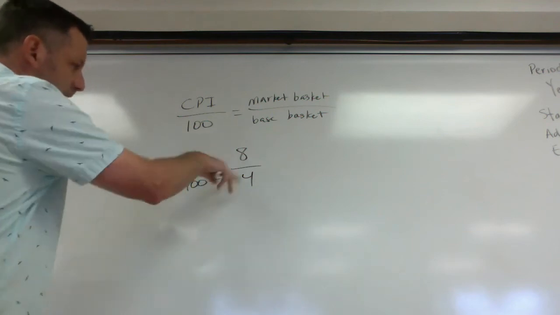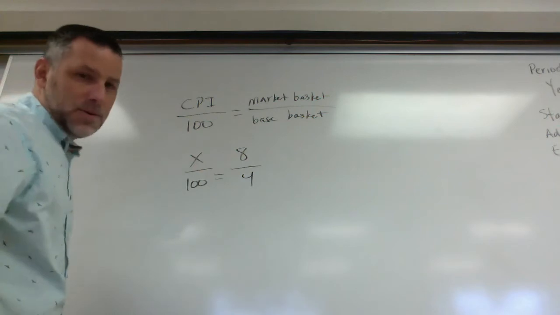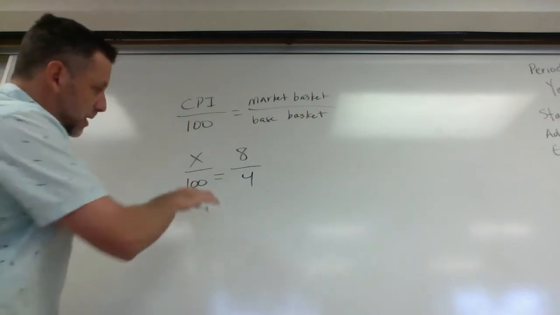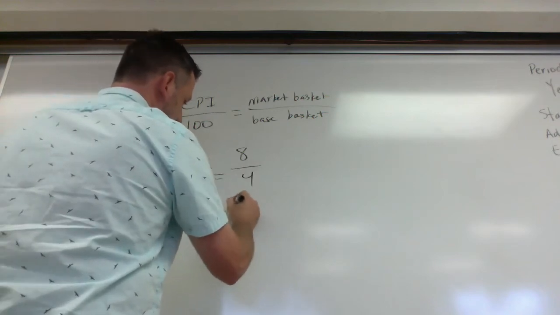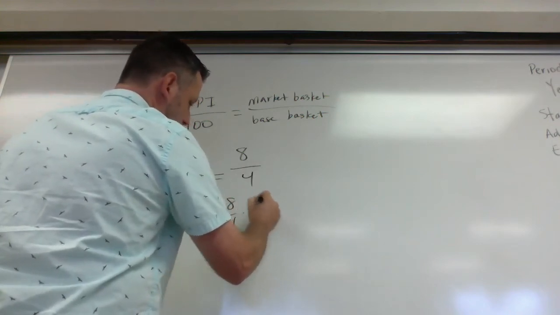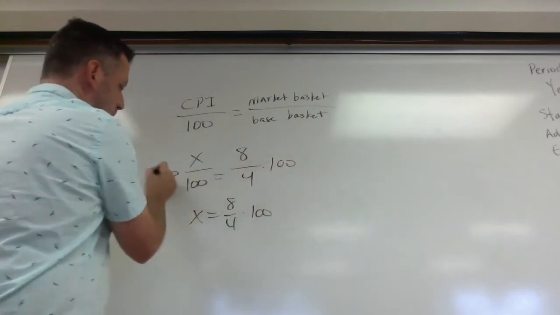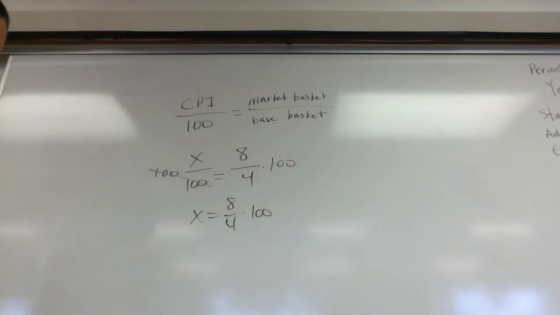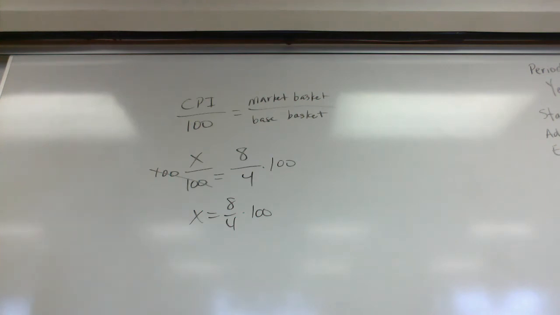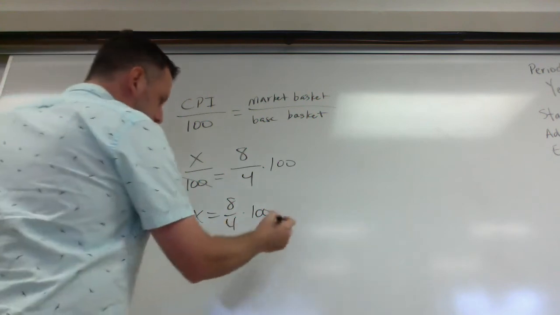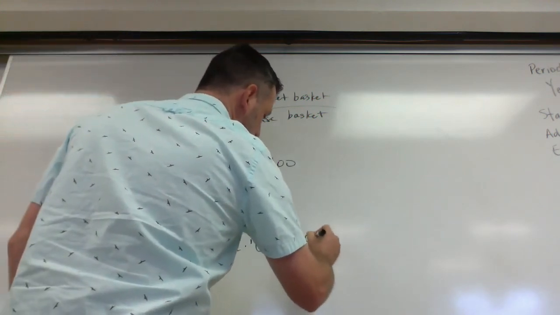And then once you get it to here, you just solve for X. You can cross multiply, or multiply both sides by 100, whatever you want to do. I'm going to go X equals 8 over 4 times 100, multiplying both sides by 100, those cancel. So I end up with X equals 8 over 4 times 100. 8 over 4 is 2. So X equals 2 times 100, which equals 200.